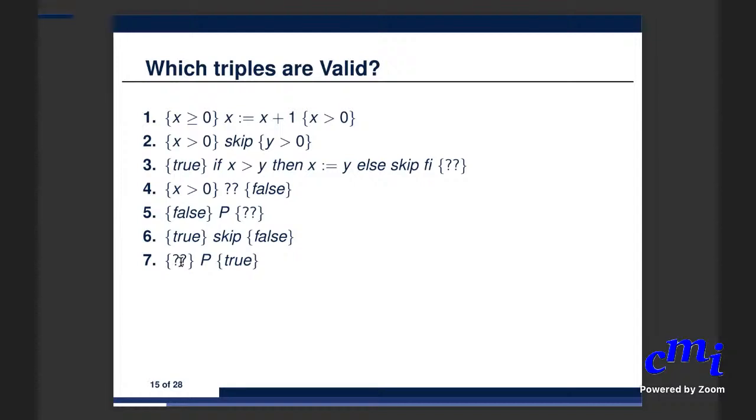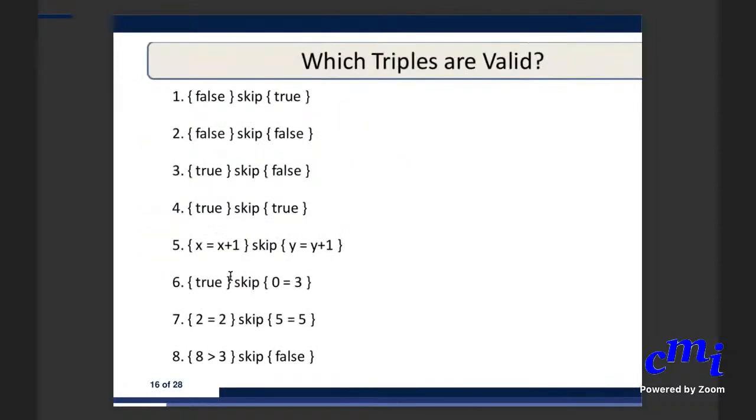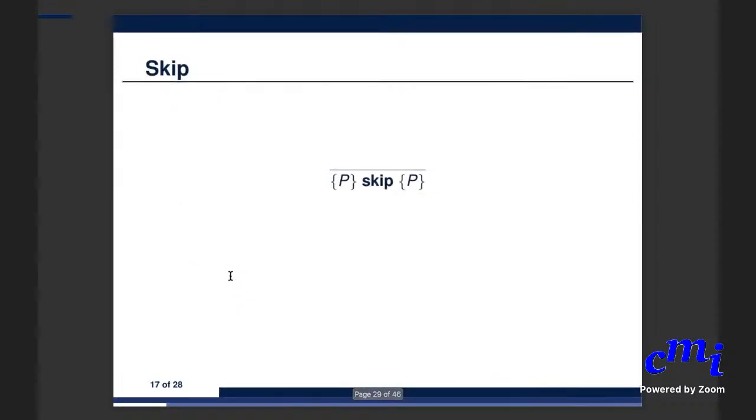Therefore, this is valid for true. You can start with any state. Either it does not terminate, in which case any post condition is true, or if it terminates, it doesn't matter what the state is, and so on. There are more examples that I have here. I will let you go through that yourself at your leisure.